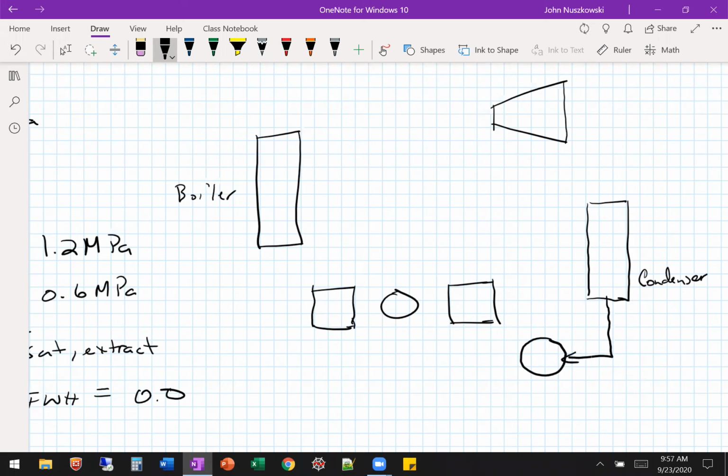So this will be our state 1 right here. We have our pump 1, our first pump. We go out of that pump and we're going into the open feed water heater. So that's state 2 right there.